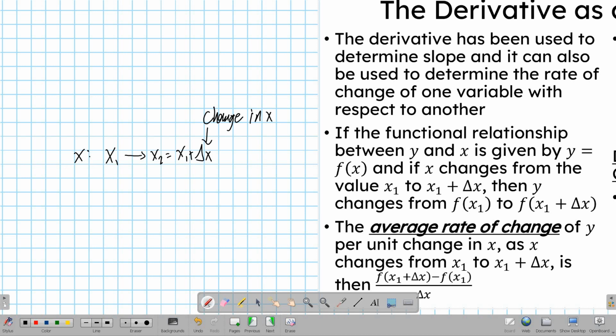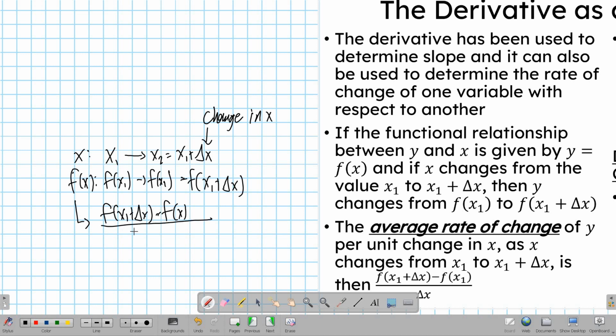Of course, since we have the function f, f of x will also change from f of x sub 1 to f of x sub 2, which is the same as f of x sub 1 plus delta x. The rate of that change is given by the formula f of x sub 1 plus delta x minus f of x sub 1, that's new minus old, over x sub 1 plus delta x minus x sub 1, which is new minus old.